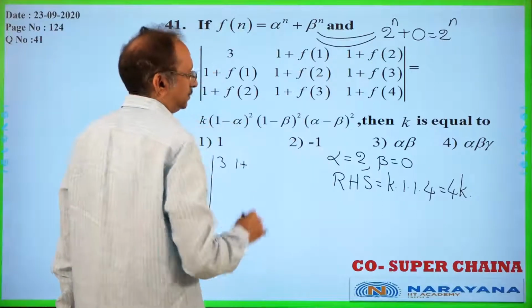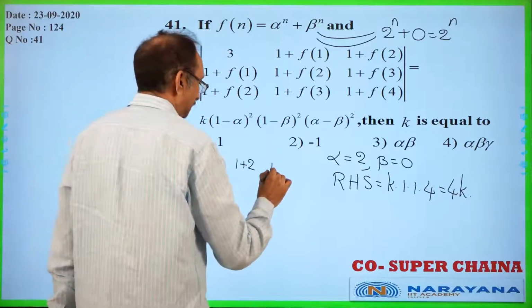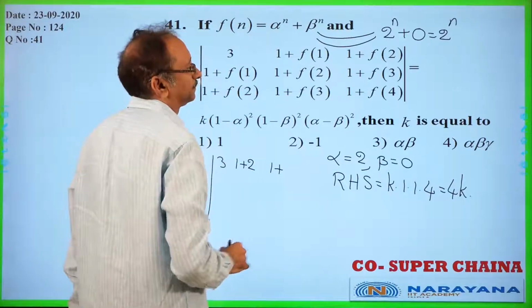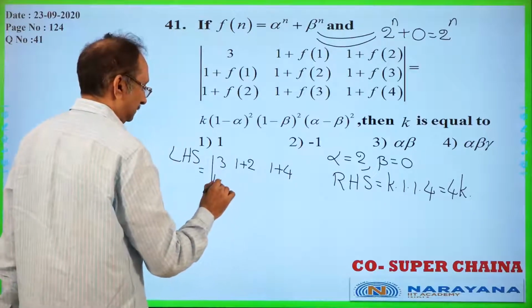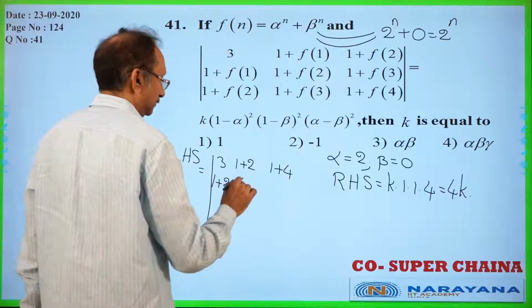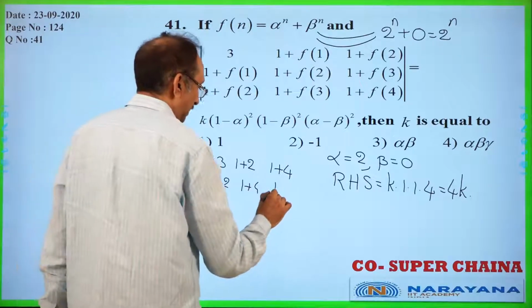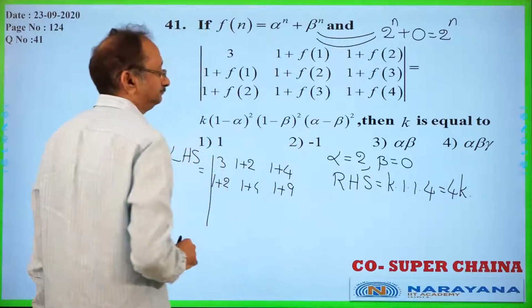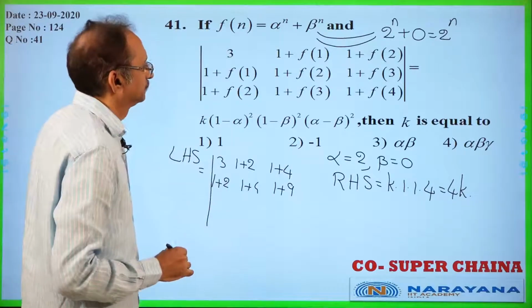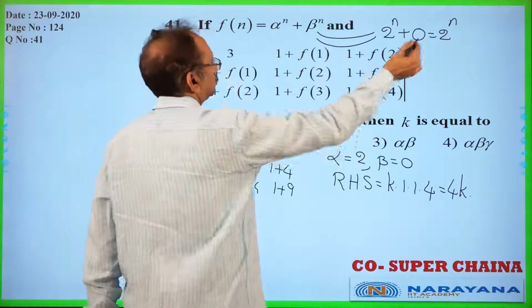What is f of 1? 2 power 1, 2. 1 plus f of 2, that is 2 square, 4. So this is 1 plus 2, 1 plus 4, 1 plus, 3 square, 9? Okay. So is it 3 square? Not 3 square, 2 cube.